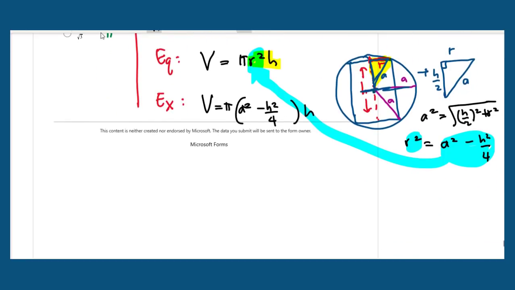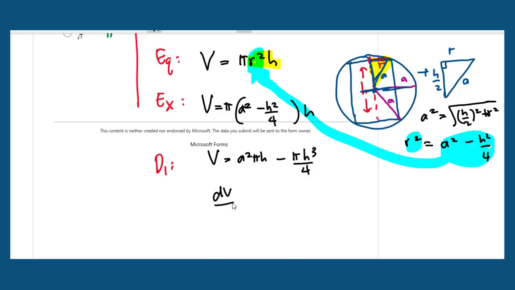The next step is to differentiate, the first derivative to find the maximum volume for the cylinder. Before that, expand: a squared pi h minus pi h cube over 4.